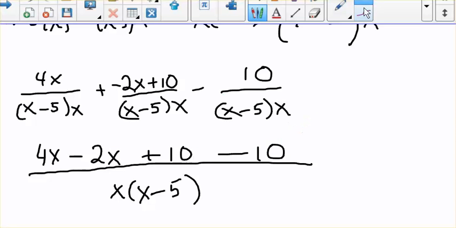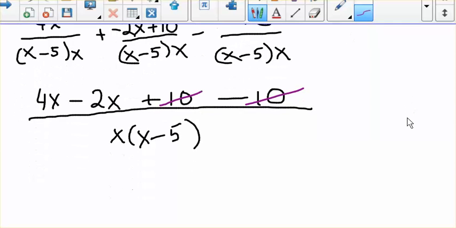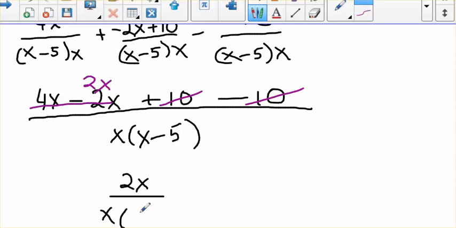And as you can see here, those 10s will cancel, and these are actually like terms here, so I can combine this and get 2x. So I'm going to have 2x over x times x minus 5.